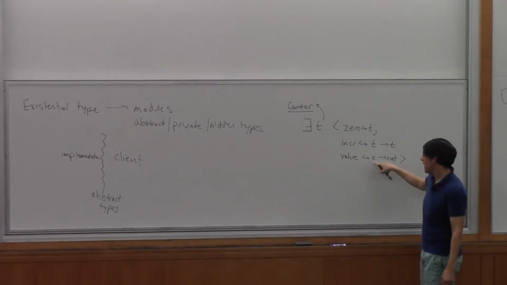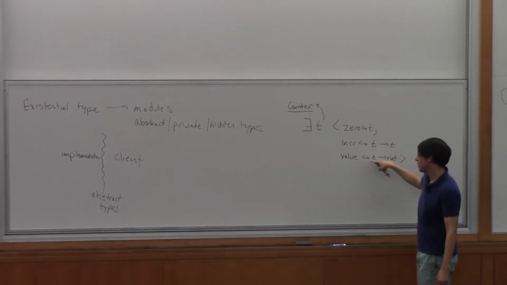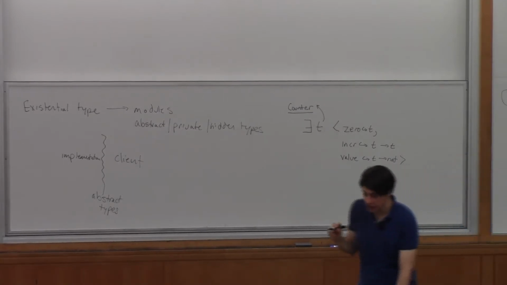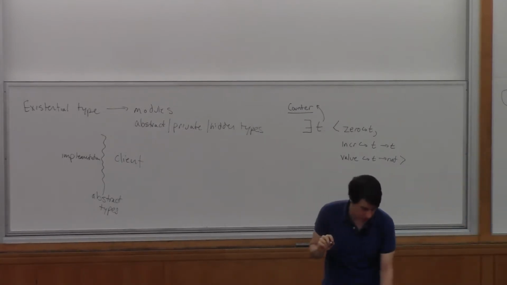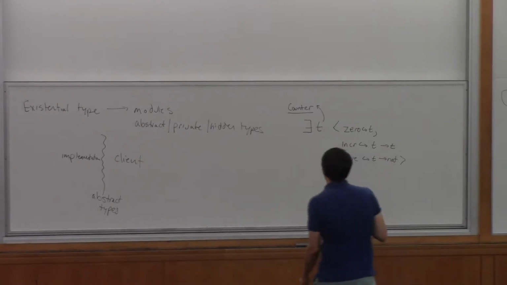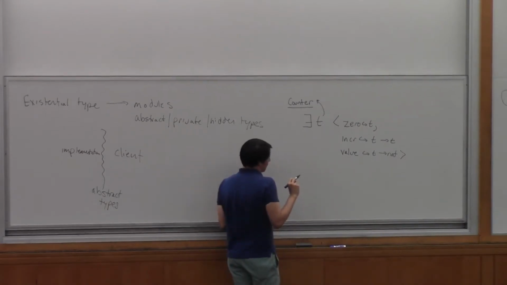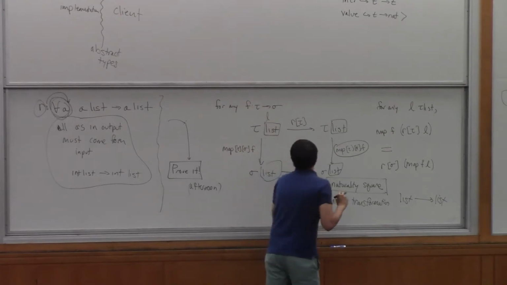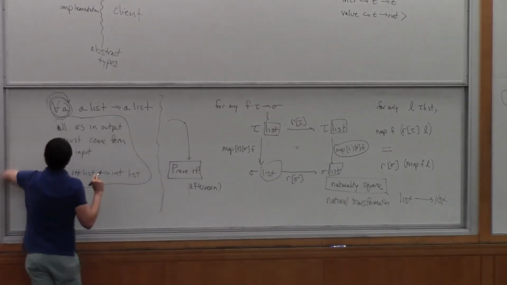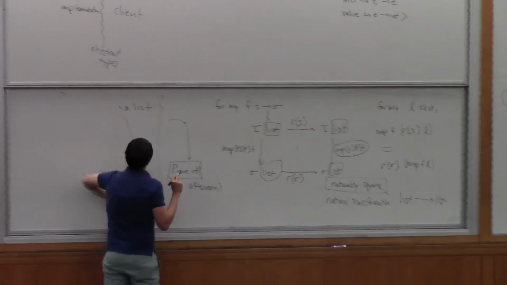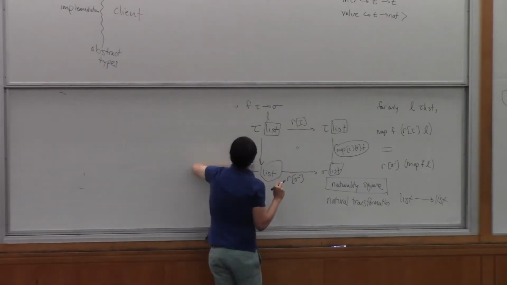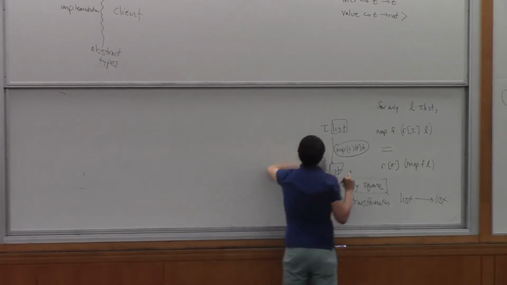And then you can ask for the counter's value and say, please tell me what the current value of the counter is right now. Okay? So this is really a very baby abstract data type, but it's enough to introduce the ideas that we want to introduce. So here are two implementations of this abstraction.